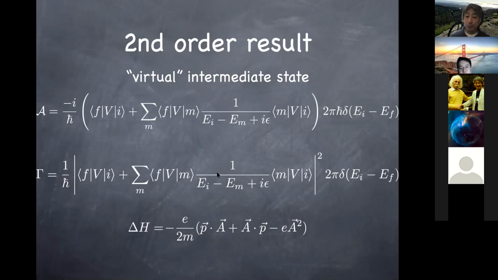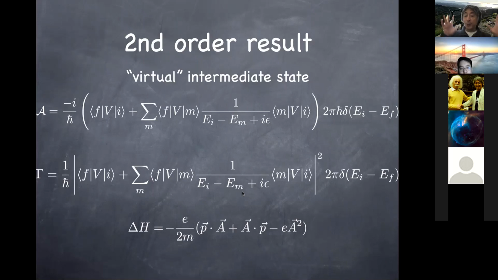So you do go through this intermediate state in the spirit of perturbation theory, but this intermediate state M is not meant to be observed, and hence it is virtual. So this second order perturbation theory tells you that quantum mechanics is indeed something fuzzy. It's always uncertain. Even energy is uncertain as far as this intermediate state goes.